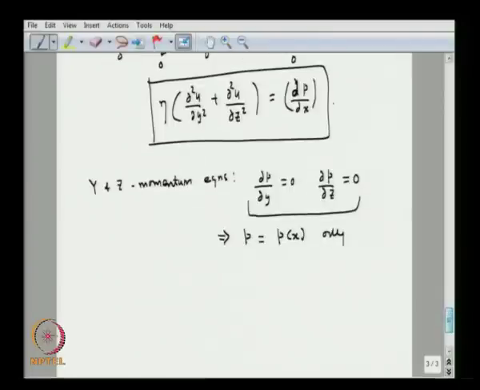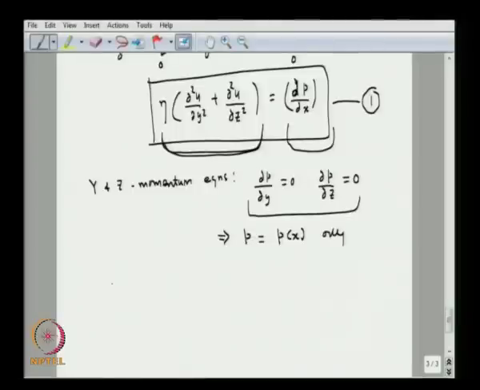Now, if you look at this equation, let us call it equation 1, the left hand side says that the function is dependent on y and z. Here the right hand side the function is dependent on x, okay. So, in an equation if the left hand side is function of y and z and the right hand side is function of x only, we can say that both sides can only be equal if they are equal to a constant, okay.